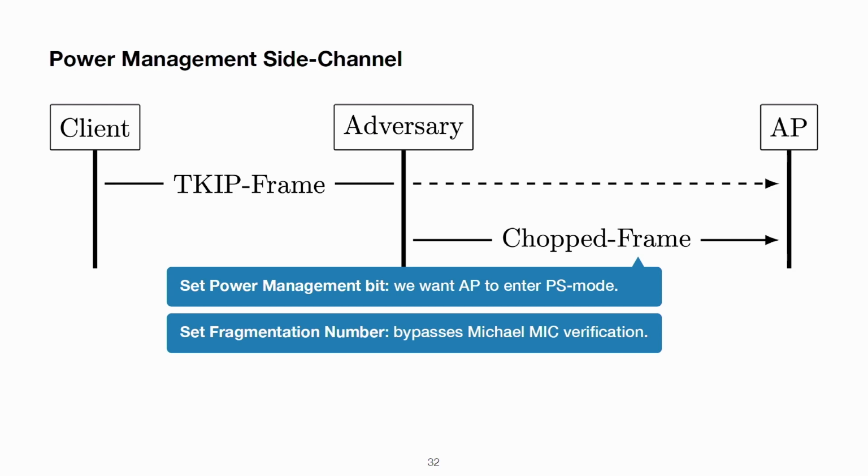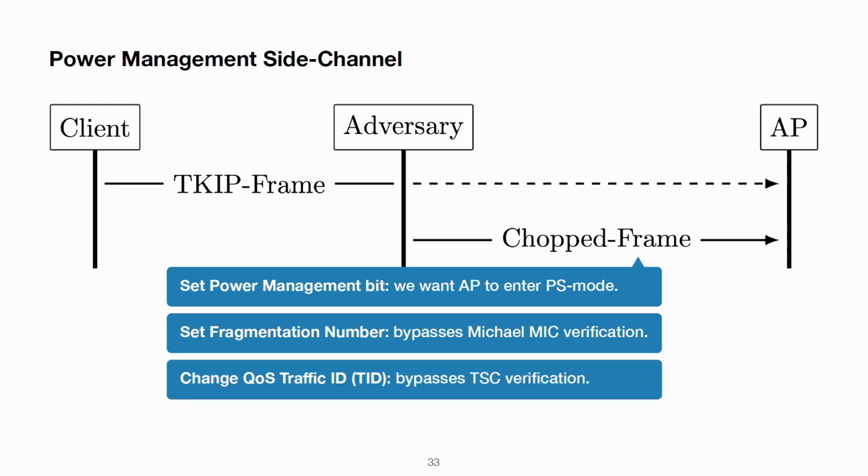The first one is we need to set the fragmentation number, because if you recall from the TKIP header, the MAC is only added to the last frame. So if we change this captured frame to be the first fragment of many, then the receiver will not try to check the MAC. That's important because we cannot modify the MAC at this point. If we can delay this check, then we can bypass its verification.